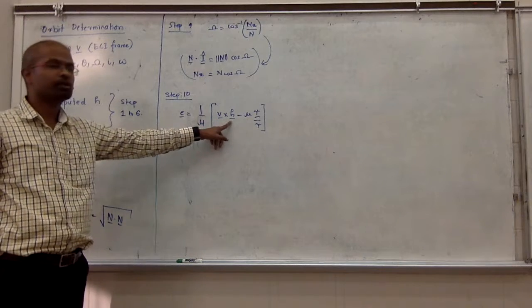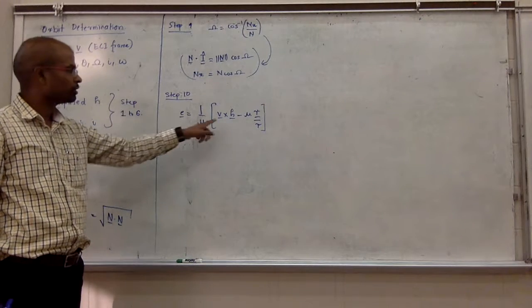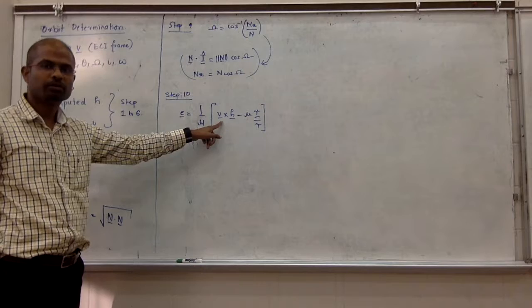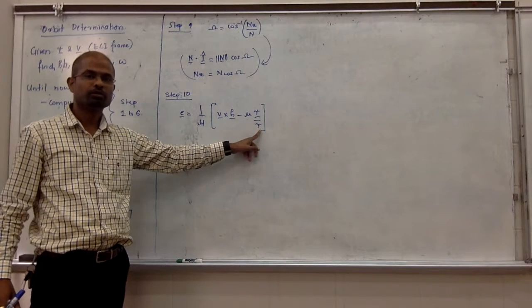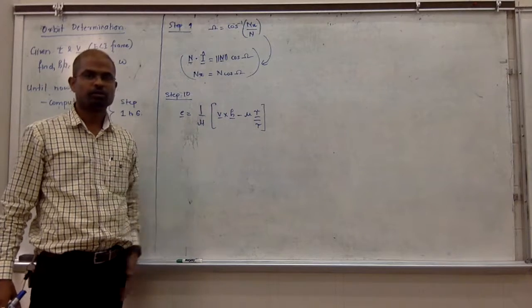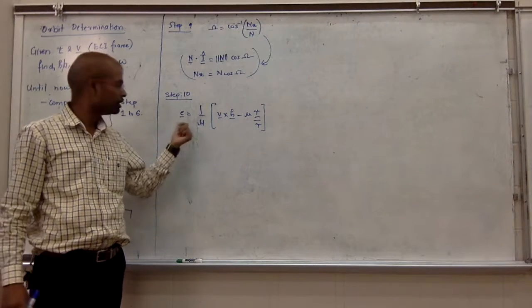H is known, we computed H. B is given, R is given, this R can be computed, mu is constant. So you can compute E.